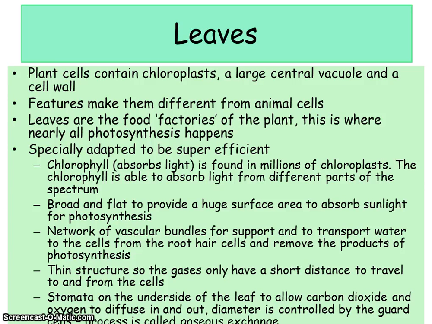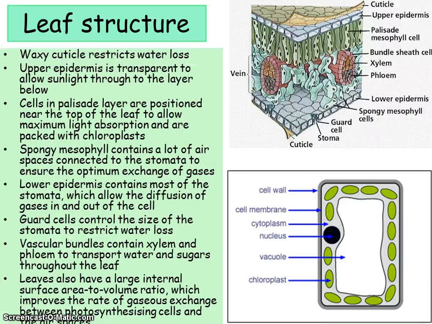One thing I do want to mention is that you do have several chloroplast pigments, which means that the chlorophyll can absorb light across a great range of colour wavelengths. You've got chlorophyll A, you've got chlorophyll B, and you've got carotenoids. Okay, so let's move on.